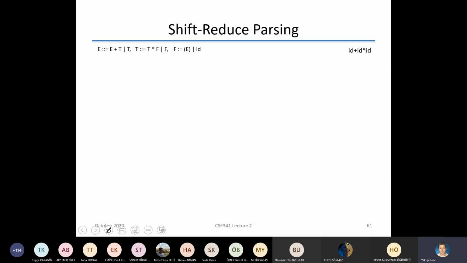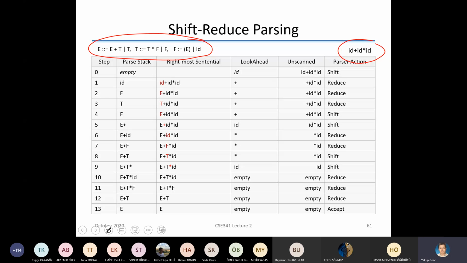So let's do a simple example. My grammar is here and my input is here. I want to do a shift reduce parser. I have a stack, this is my parse stack, and this is each step. This is the current rightmost sentential form.